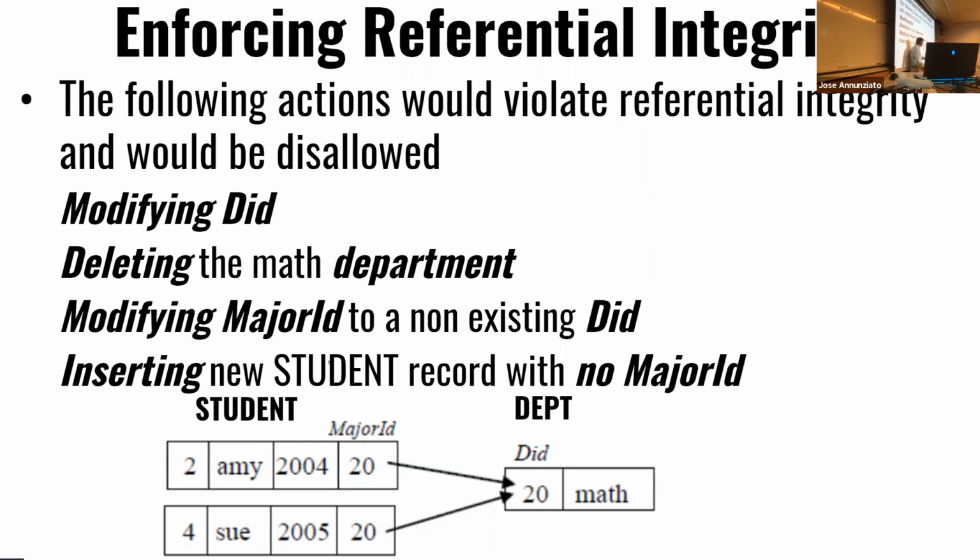Or I might say that if I remove this, the 20 becomes something else. If you were in the math department, then you're now in the computer science department. You were just moved from one department to another. So we could set up different behaviors of what to do.